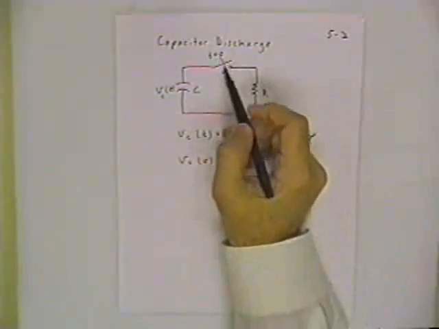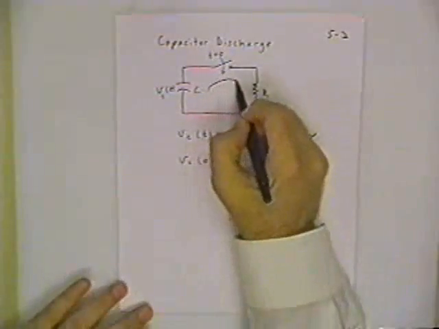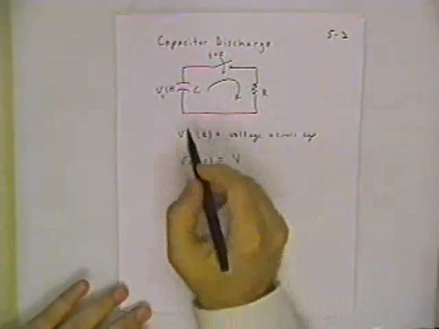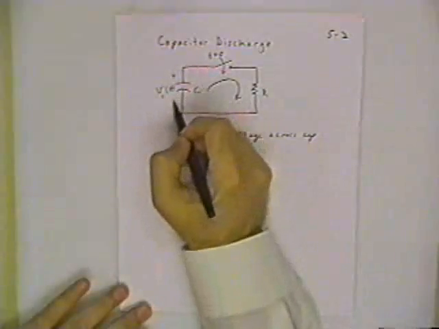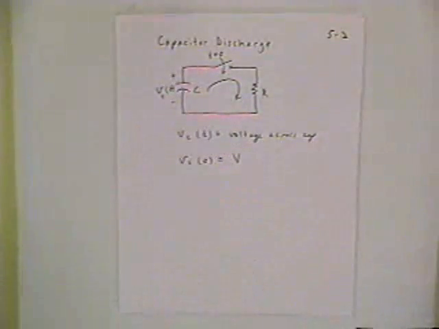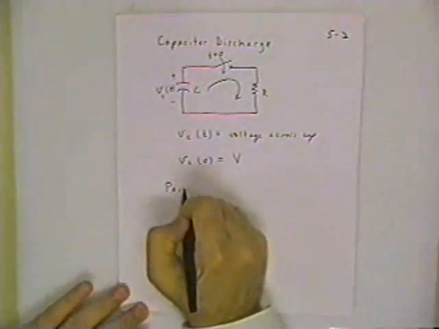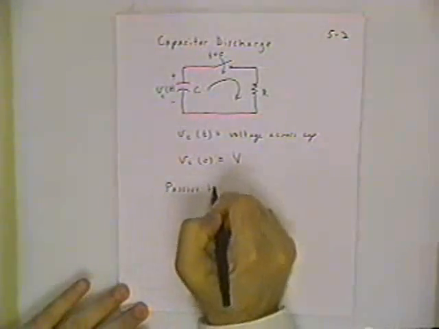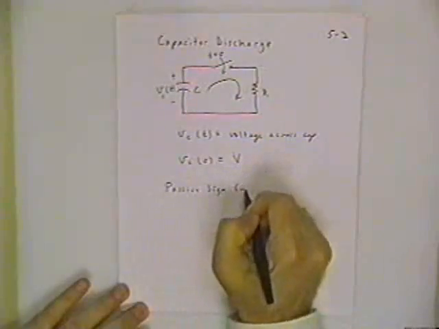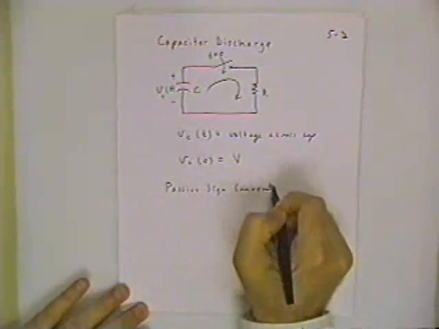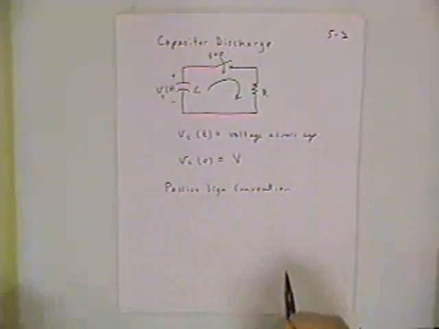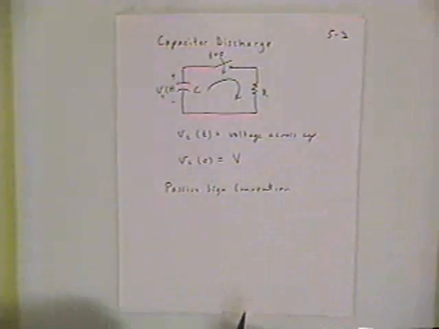Now what happens when this switch closes is a current will start to flow through this circuit. And now I want to point out to you something very important about our capacitor model, and that is the passive sign convention. Without it, we would get our equation wrong and we would predict something sort of ridiculous, and I'll show you what that is in a minute.